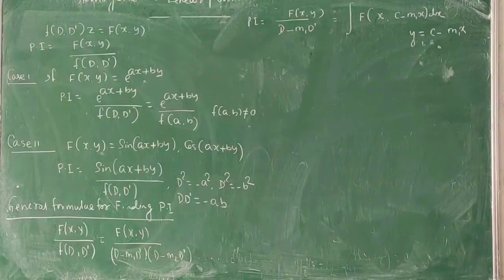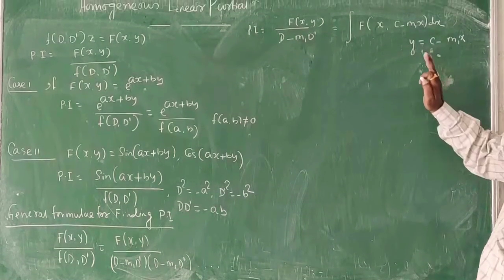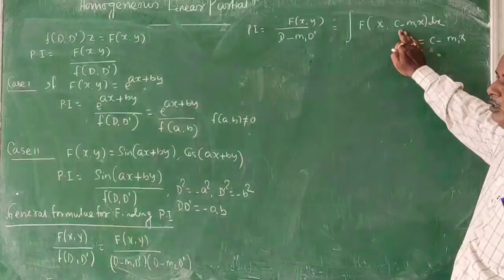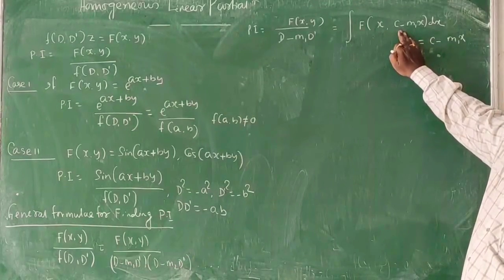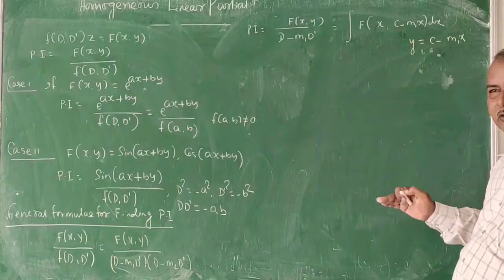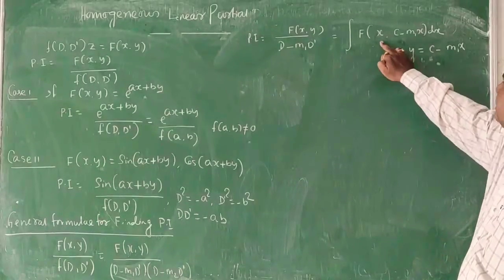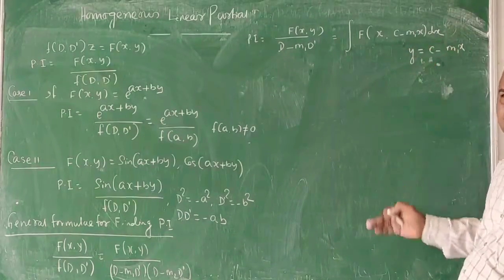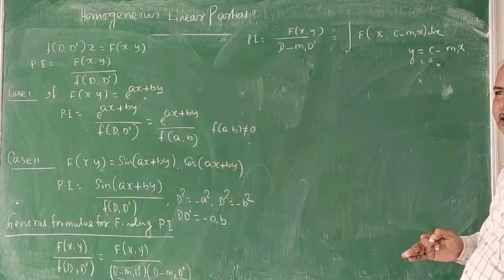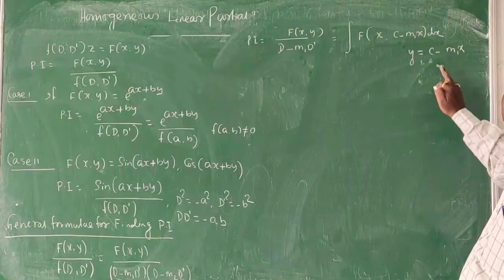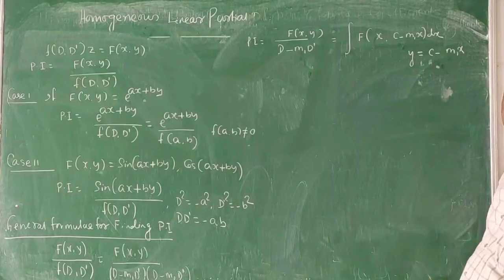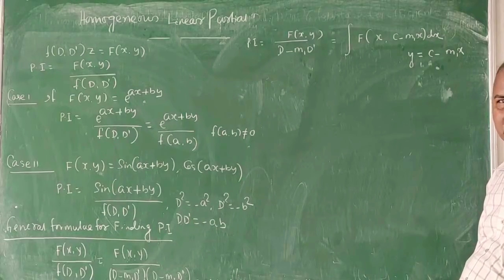So this is the key point. If you substitute this instead of y, then it converts to only a function of x. So it is a function of x with respect to x, and you integrate it. In the end you have to substitute y plus m1 x instead of c. Then you will get the particular integral.